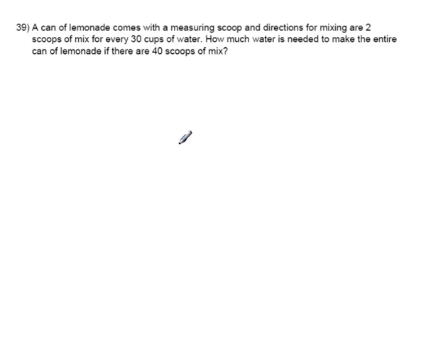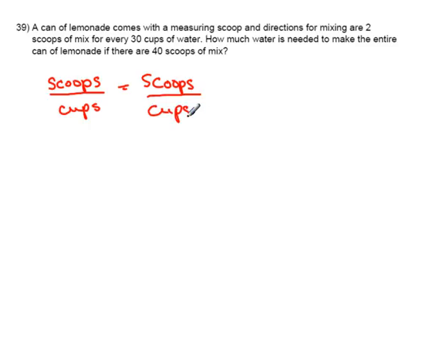Well, this is setting up a proportion, and I like to set up what it is I'm going to compare in terms of the words first, and there's more than one way to set up that ratio, but I'm going to look at scoops per cups of water, and so they should be the same on both sides, number of scoops per cups of water.